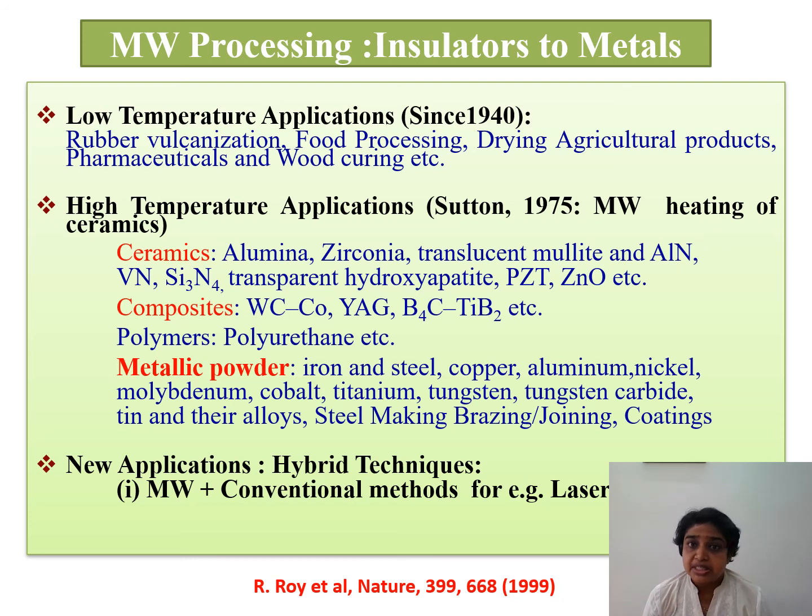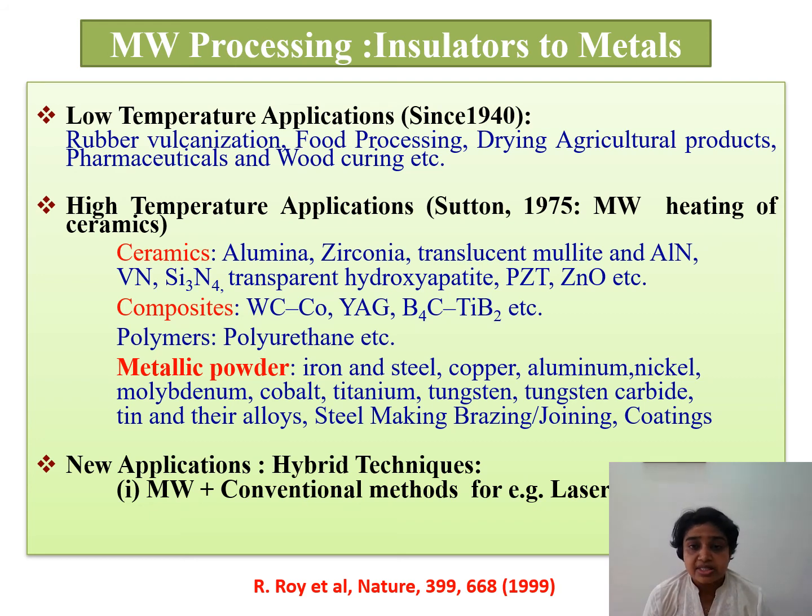And then PZT, ZnO, etc. And then composites such as cutting tools, tungsten carbide, cobalt, some superconductors like YBCO, and then some borides, etc. Microwave can also be used for the processing of polymers, for example, polyurethane, etc. And the most important and interesting feature is that even metallic powder can be heated in microwaves.